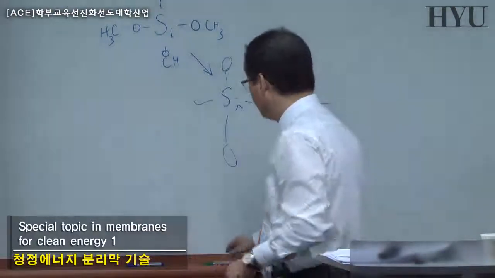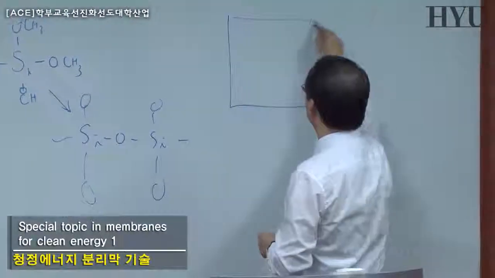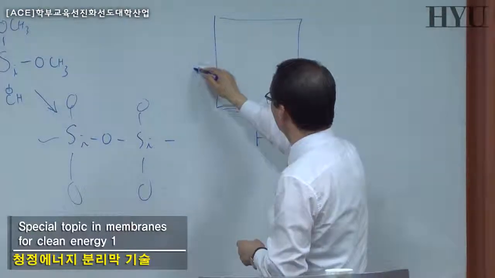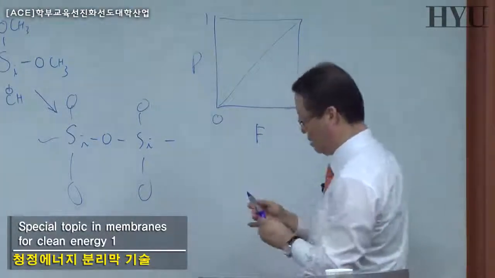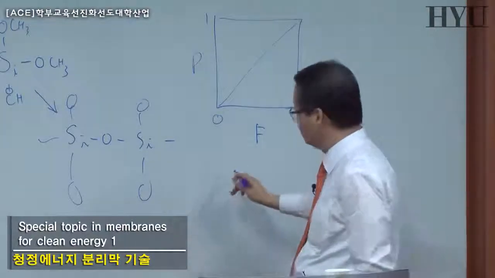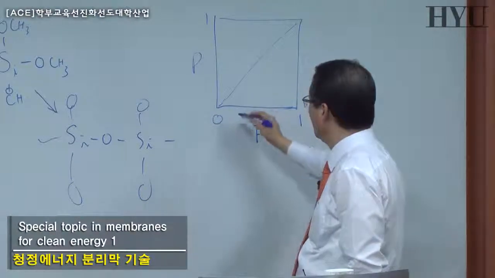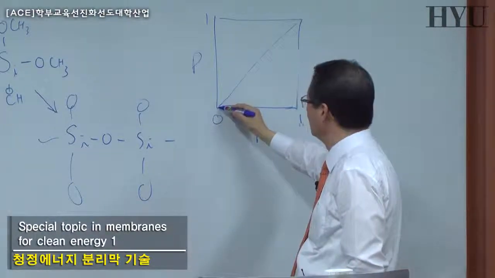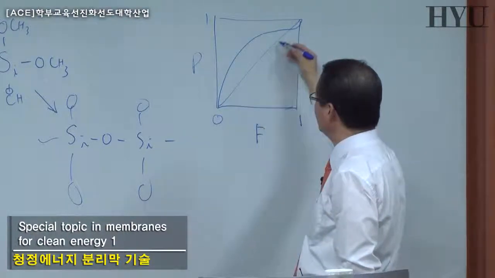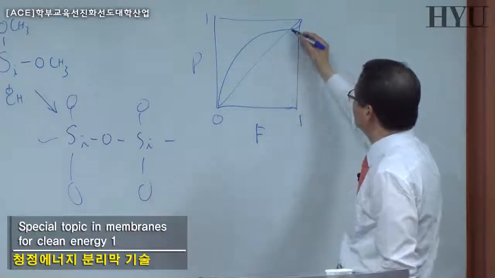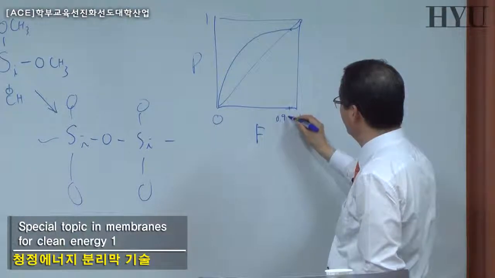In other words, if you have a composition of ethanol from 0 to 100%, we have distillation curves. Distillation curves look something like this. And these are the azeotropic line. Now this point is about 0.995, 0.955.